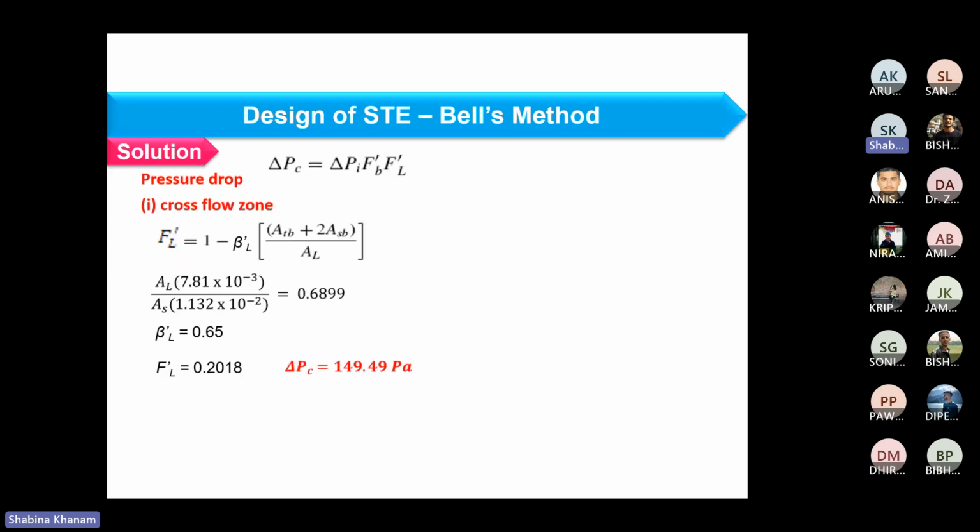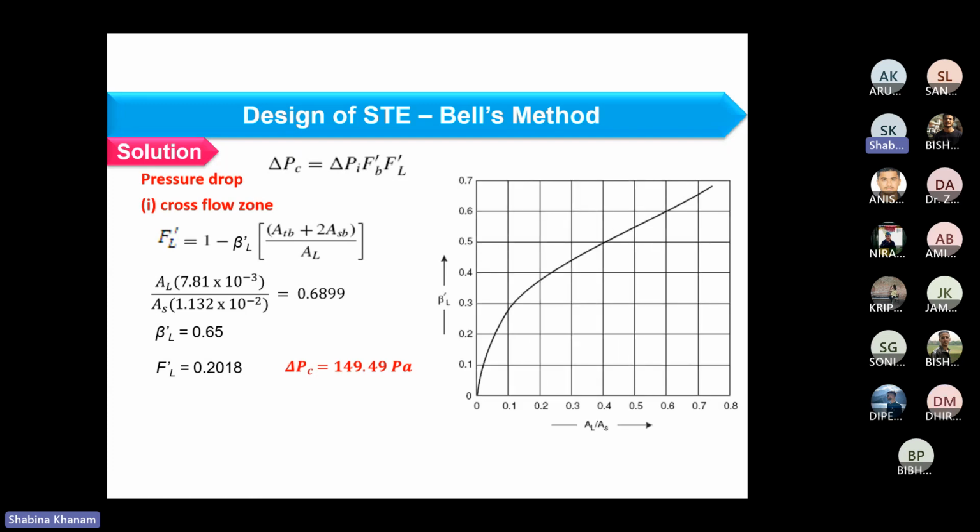Similarly you can find out FL prime. All these ATB, ASB or AL, all these values are known to you. Only you need to find out beta L prime from the graph, which is given over here, AL and ASB, around 0.7. So the value of this beta L prime would be equal to 0.65 and FL prime you can see as 0.28.